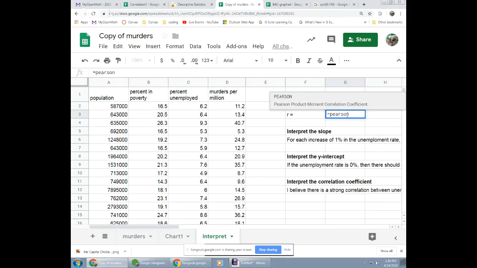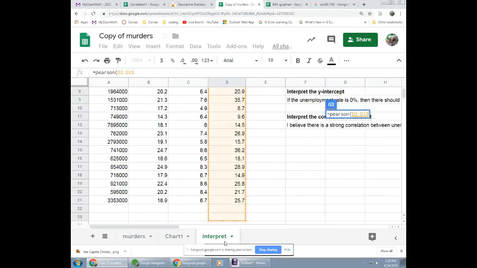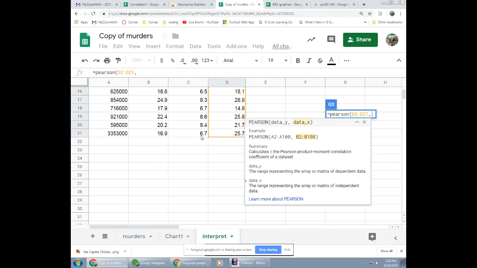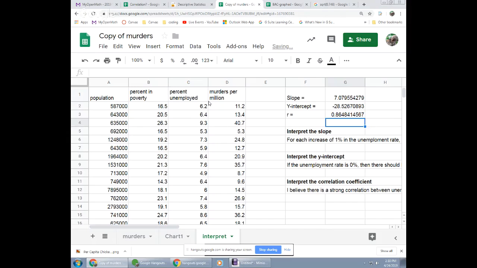It's called the Pearson correlation coefficient. So Pearson and the data, so y data, comma, x data. It turns out with the Pearson correlation coefficient in this context, it doesn't matter whether you do x or y, but since these two require y first, it's a good idea to just keep it that way.